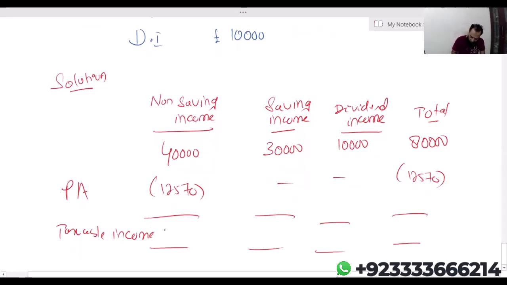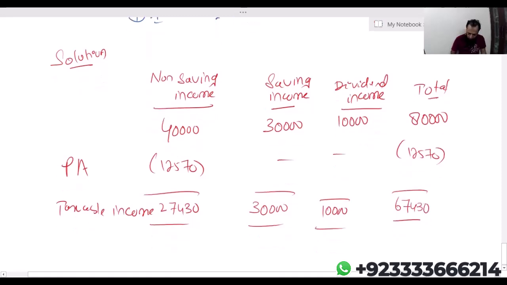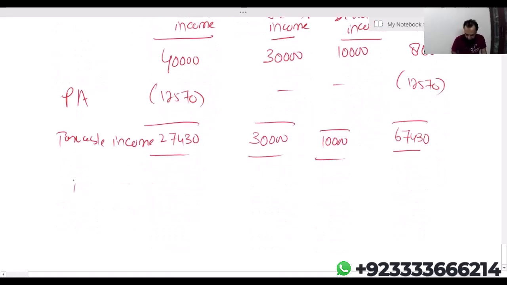I'm getting taxable income 27,430 for the non-saving. Saving, of course, 30. Dividend is 10. I'm getting 67,430. Now let's calculate income tax.